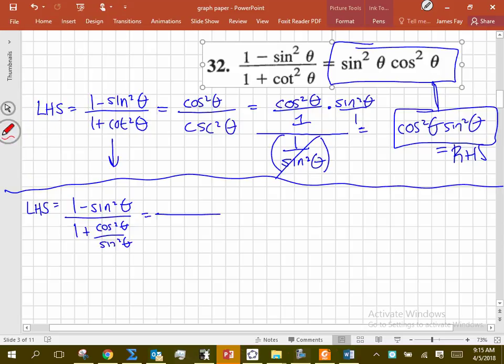Like this. Okay, so this. Okay, so then. So you take the top, and let that be cosine squared. Yes. Get that one out of the way.